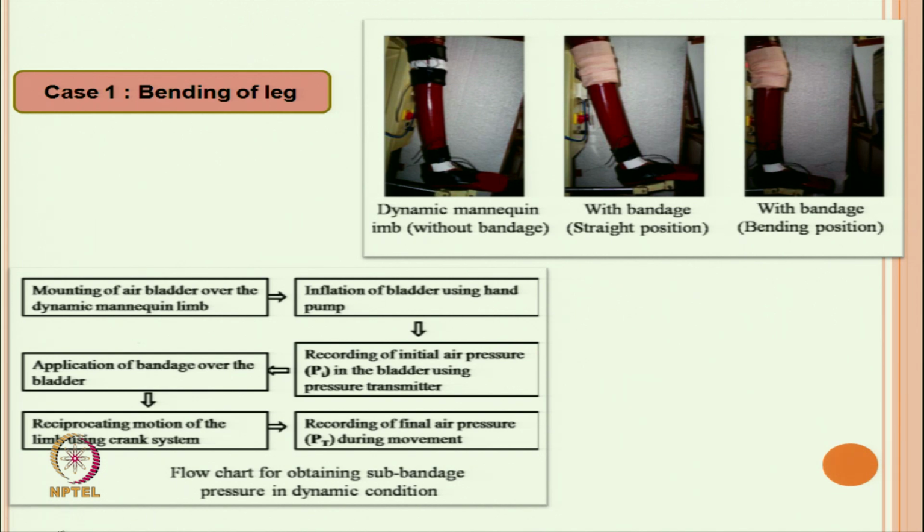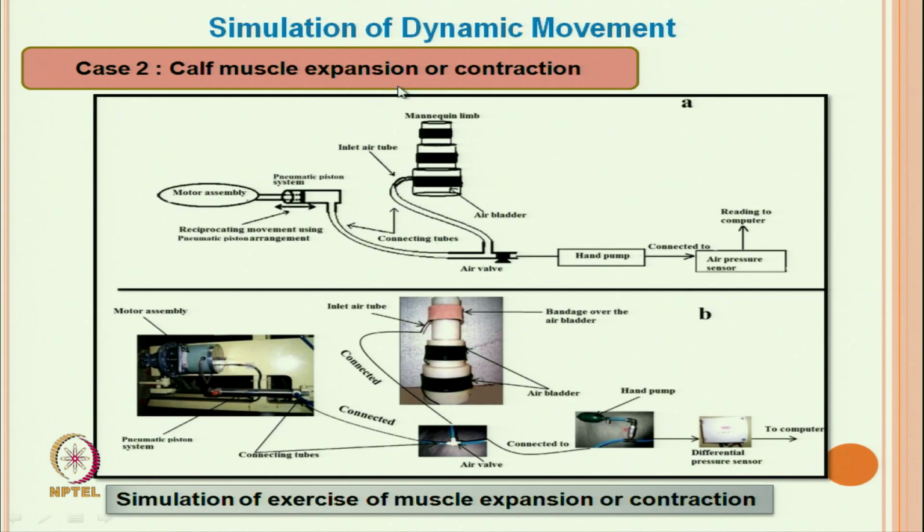Due to the bandage application the pressure increases, that difference we can measure, and then under reciprocation we can record the change in pressure in each and every cycle. So, with the different cycles the pressure will be constantly changing, and we can measure the pressure with time.